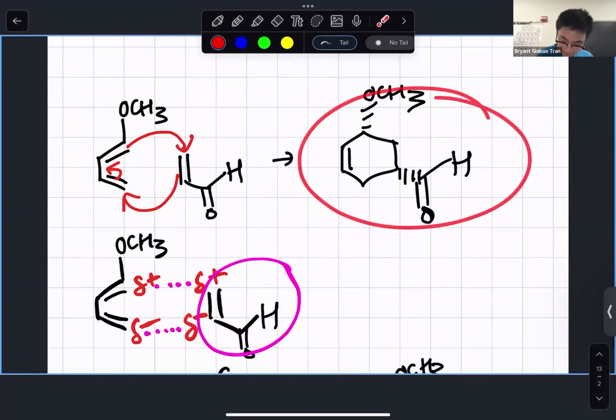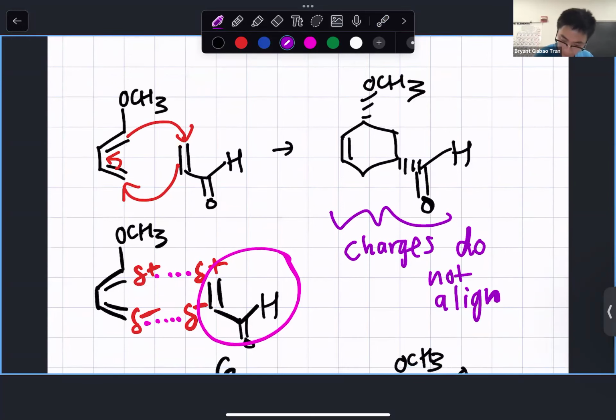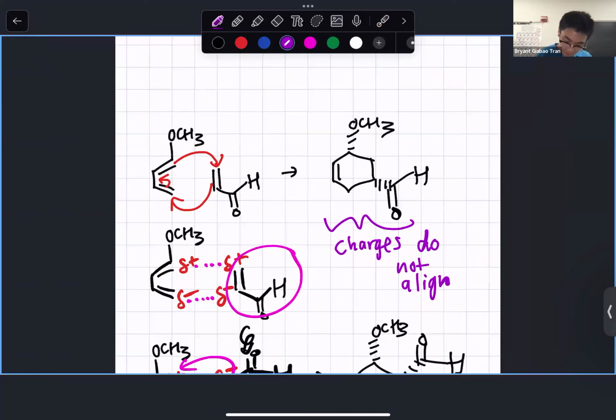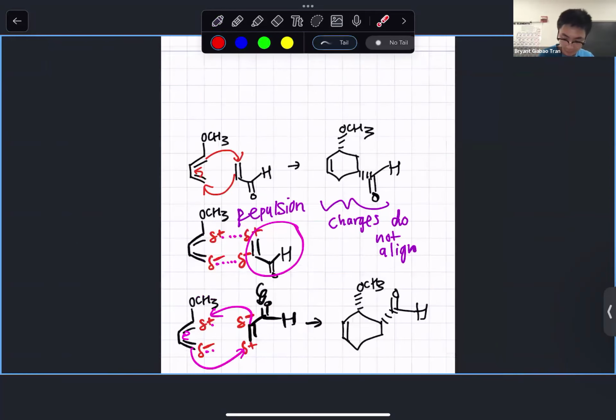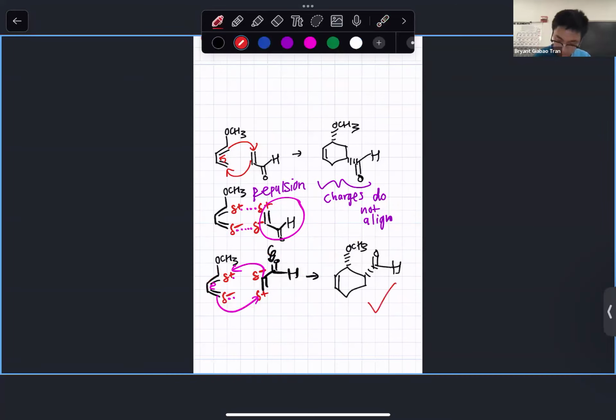Not meta, because the charges do not align, right? Here, repulsion. So flip one of them upside down to make them align to get the correct answer, the correct regiochemistry.